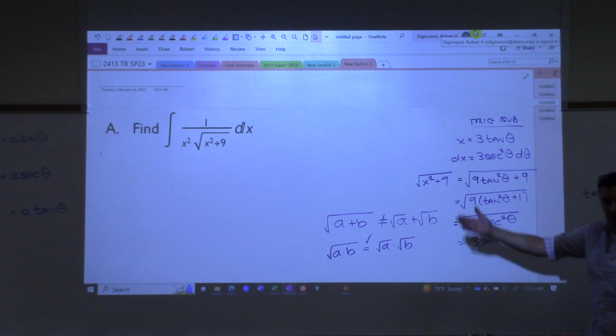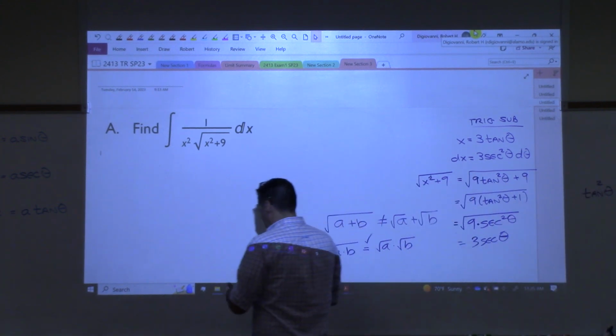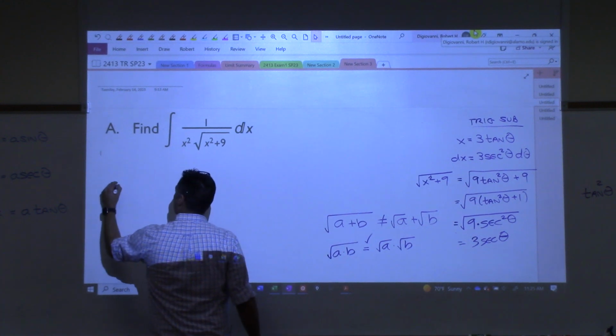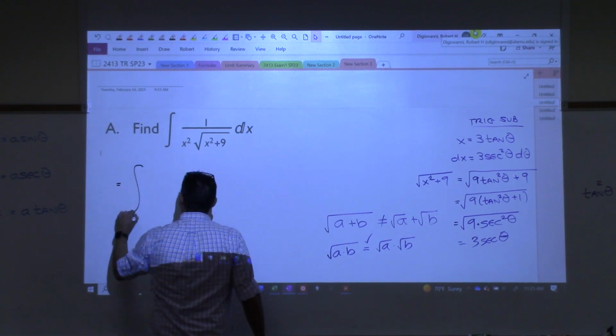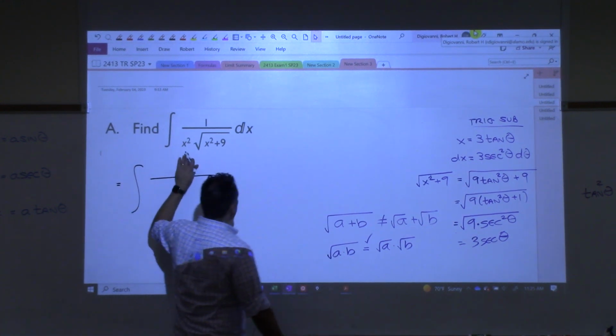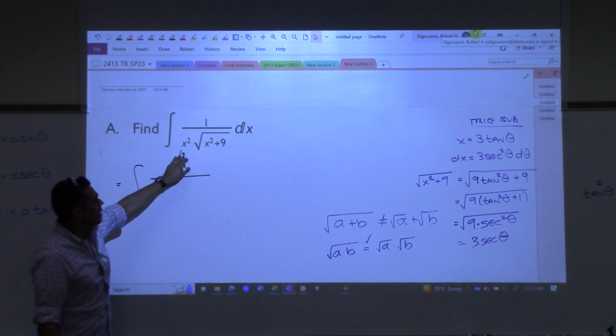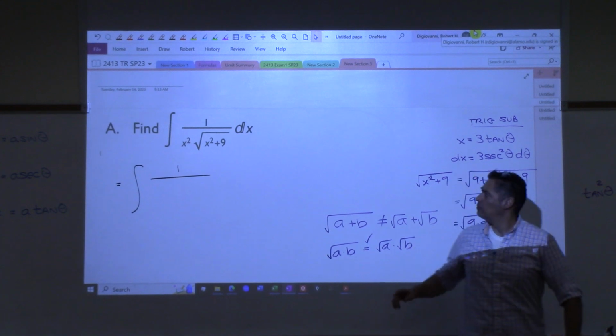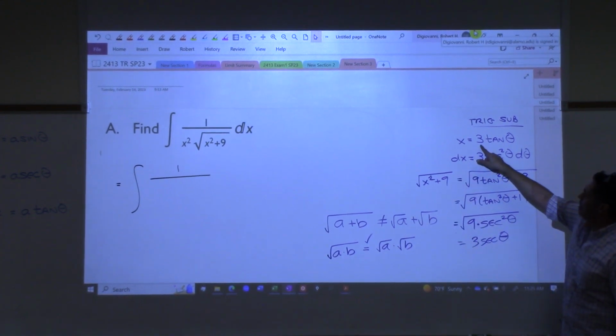All right, I'm ready to rewrite everything now. So I'm going to come back over here and change markers. Integral, 1 over... we happen to have an x squared down here again, right? So what will x squared be for us? 9 tangent squared theta, right?